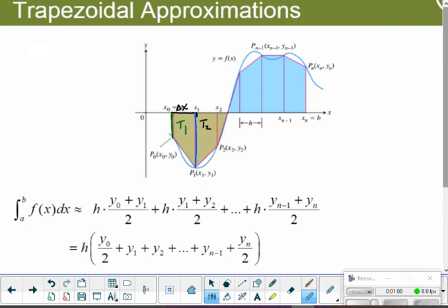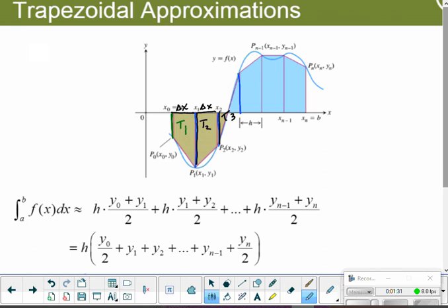Trapezoid 2 has a left height and a right height. And then, of course, it has its width of delta x, whatever that might be. I go on to trapezoid number 3, which has a left height and a right height.